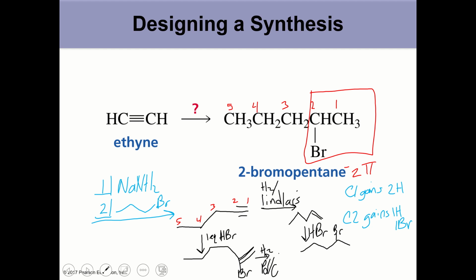So there's more than one route. Usually to get to the final product, you have more than one pathway to achieve that desired final product. And both answers would be correct. What you have to figure out when you're doing research in a lab is which process provides the highest yield.